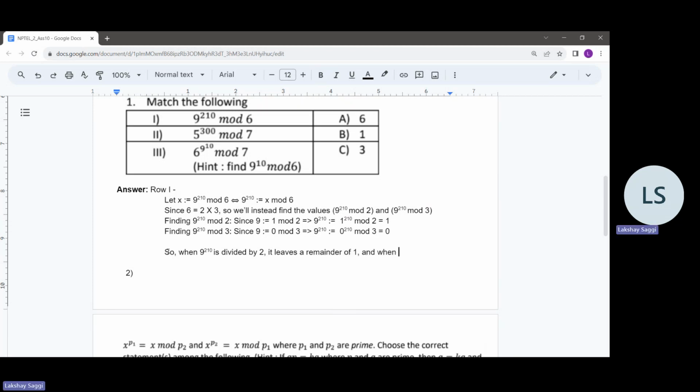And when divided by 3, leaves a remainder of 0, right? And this is actually similar to the Chinese remainder theorem, if you guys can see.